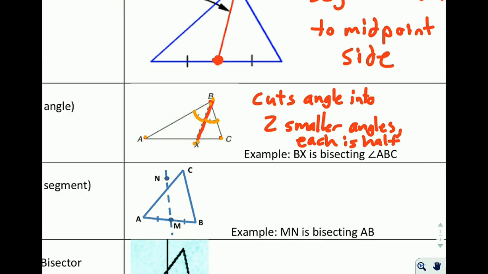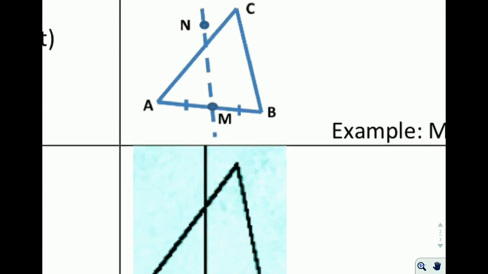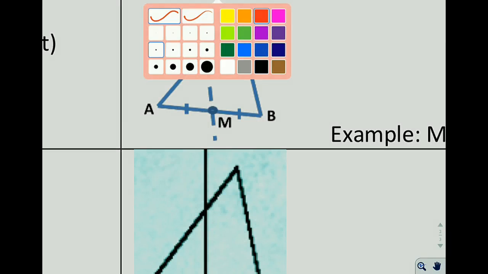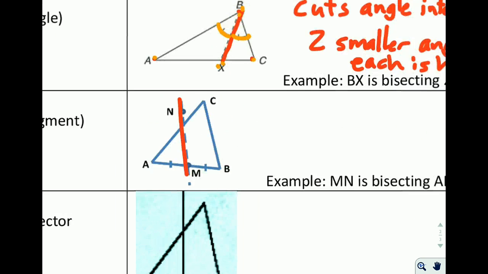Same idea when we get down to a bisector to a segment. So something that cuts through a segment here. This is going to be the bisector, the one doing the cutting, and it breaks it into two equal pieces. So AM and MB are both equally sized, and each of them is half of the whole, half of the AB.